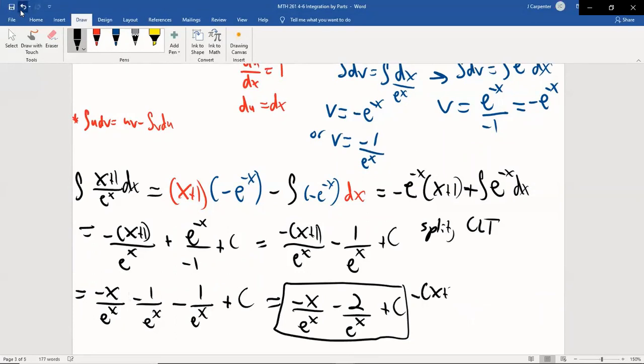Negative parentheses x plus 2 over e to the x, then the plus c, or you could say negative x over e to the x, minus 2 over e to the x, and then your plus c. All three of those are the same answer. All three should be acceptable, but you have to be able to recognize that.